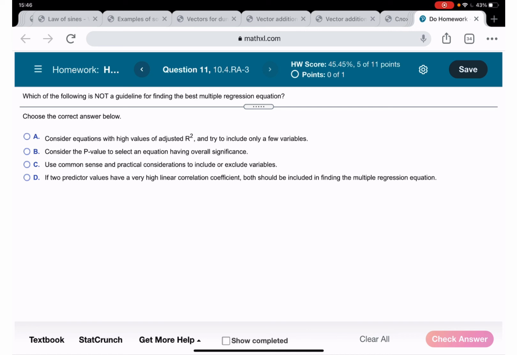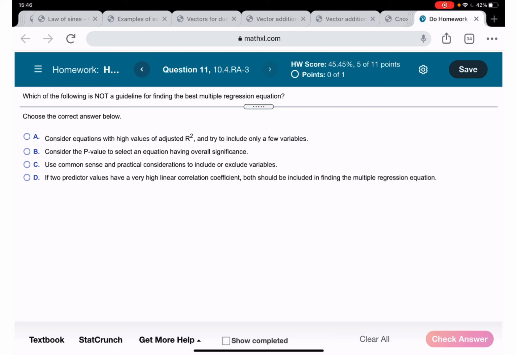Because we are choosing the high value of adjusted R squared. Next, consider the p-value to select an equation having overall significance. Yes, it is a guideline. Use common sense and practical consideration to include or exclude variables. Well, include or exclude based on comparing R squared adjusted to R, right?